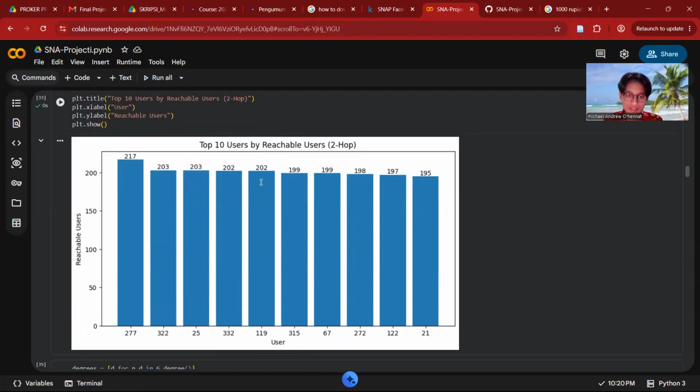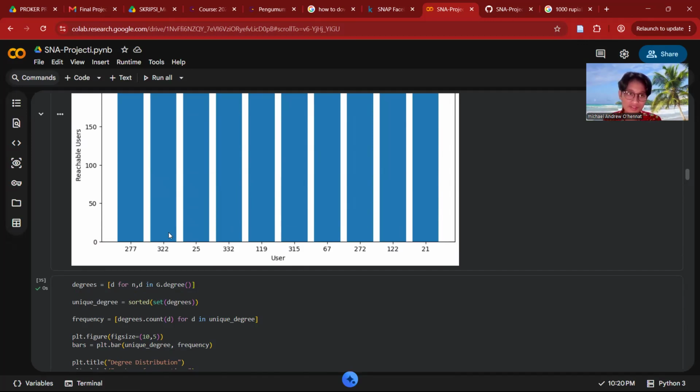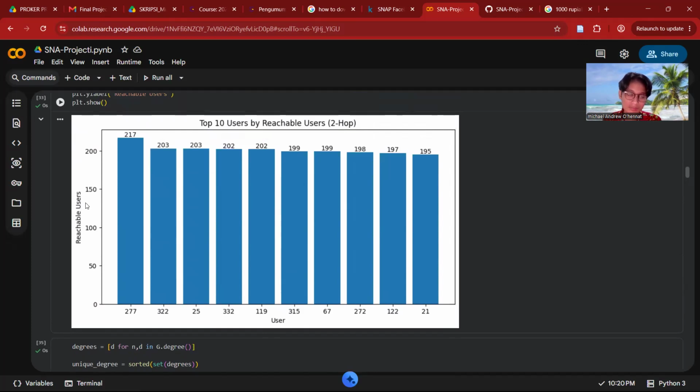Okay. As we can see, for user 277, or we can say the node 277, the reachable users are 270, and user, or we can say node number 322, has reachable users of 203.